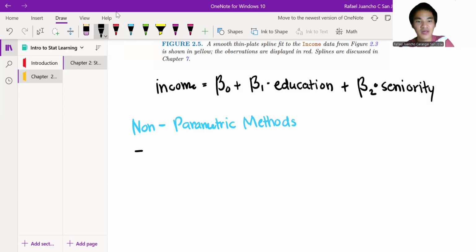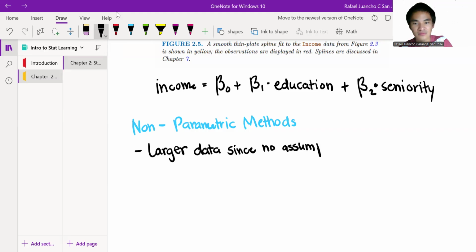This is better to use if we have more data, so larger data, since we make no assumptions on the shape of the data.